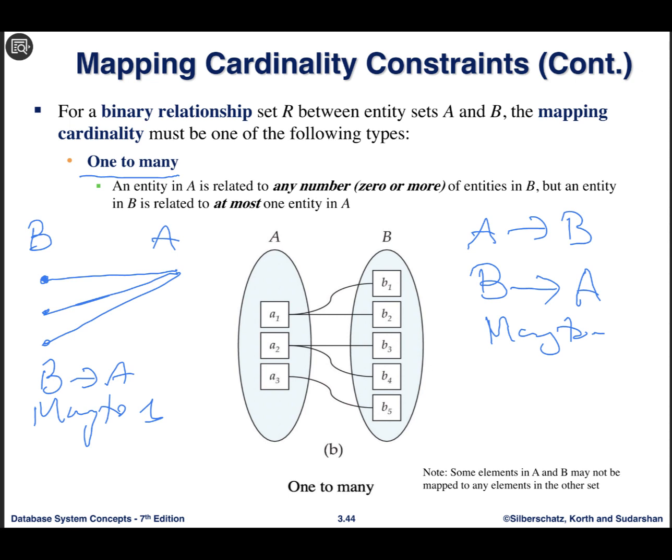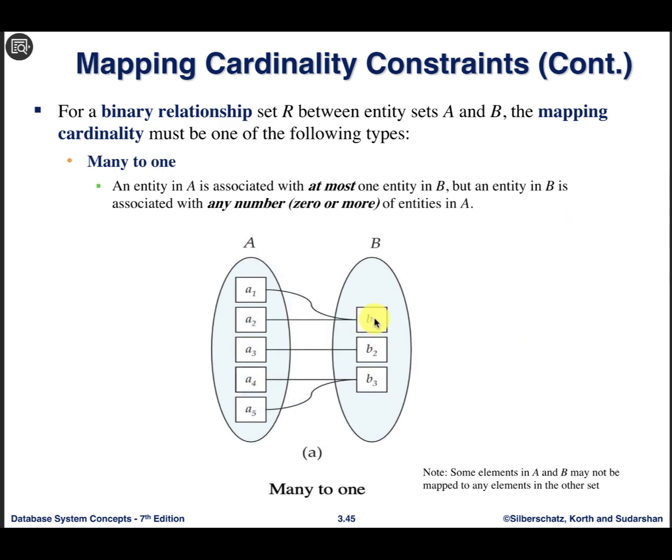So in many to one, an entity instance of B is associated with at most one entity A, but an entity instance A can associate with any entity instance in B. That means this is the many and this is the one. So let's take a look at many to one, in this case from A to B. Right now we're saying just from A to B, but if you look in the opposite direction, from B to A, it's going to be one to many.